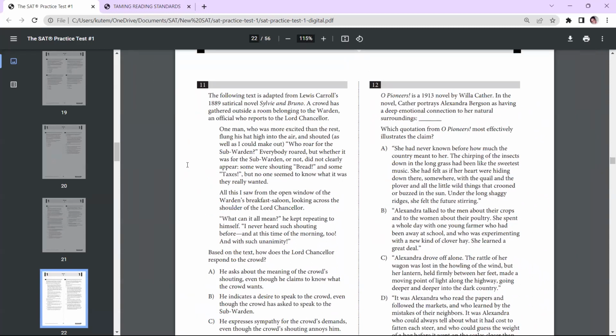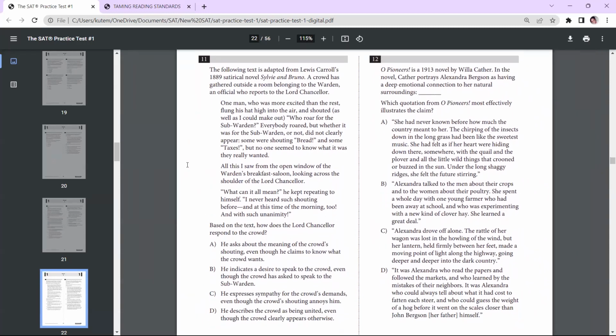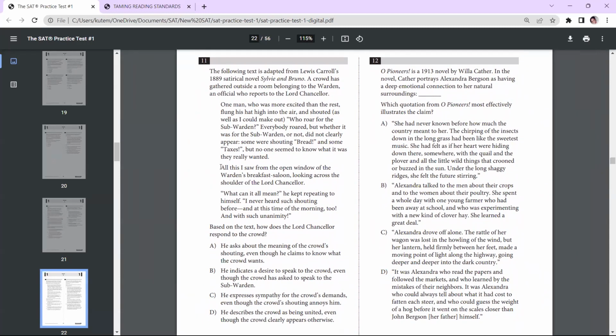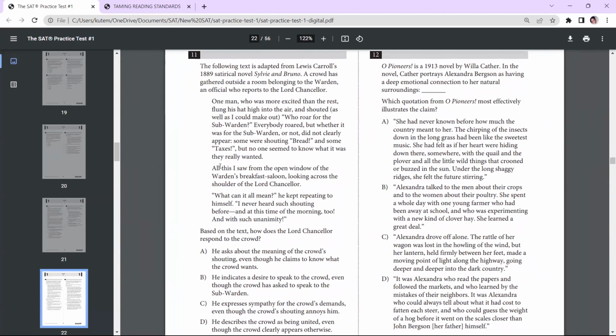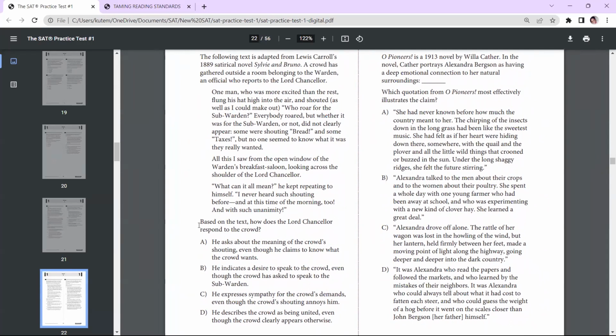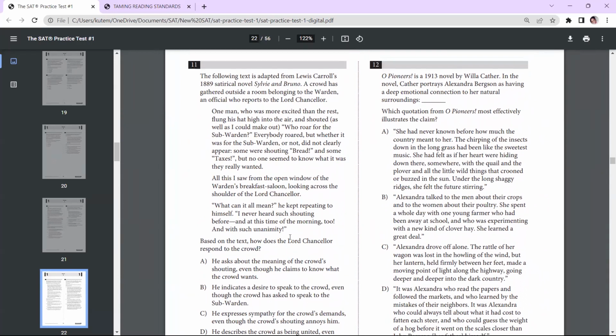Okay, here we go. Question 11. It's long, so I have to zoom in. So the question is down here. It says, based on the text, how does the Lord Chancellor respond to the crowd?